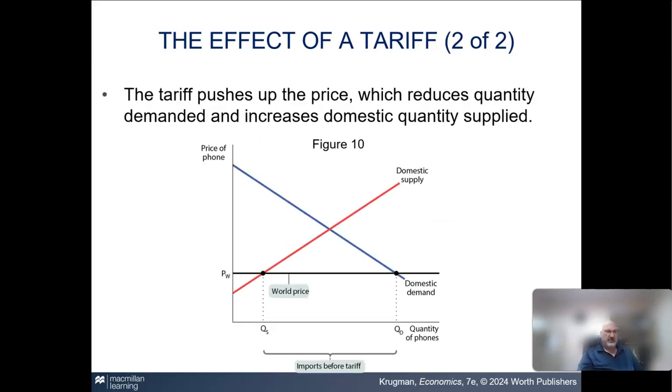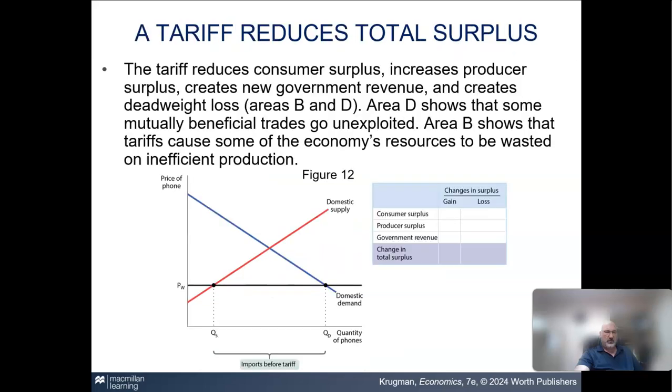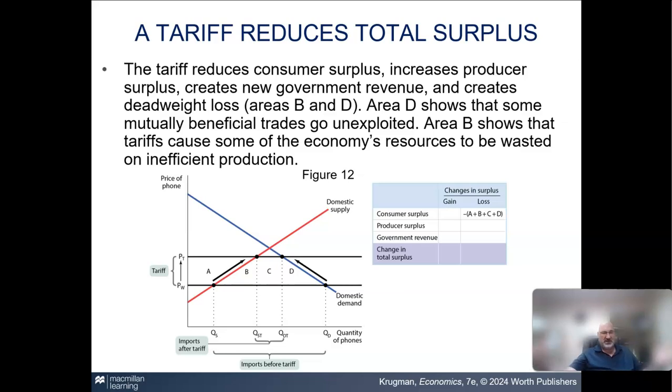So let's look at it. A tariff pushes up the price, which reduces the quantity demanded and increases domestic quantity supplied. So here we go. We go from the world price to the tariff price. Bam, there you go. We have moved it up. So it reduces consumer surplus, increases producer surplus, does create new government revenue, and creates deadweight loss. Areas B and D are the deadweight loss, so the two sides.